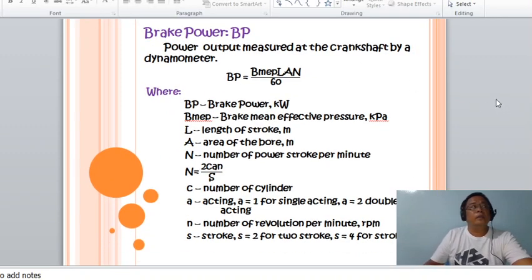So, another, we have the brake power. So, what is brake power? Simply, the brake power is the power output measured at the crankshaft by a dynamometer, or flywheel power. So, that is the same.